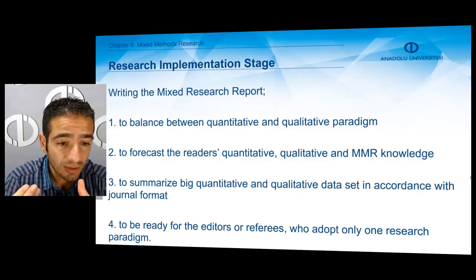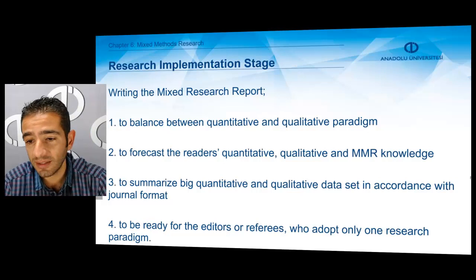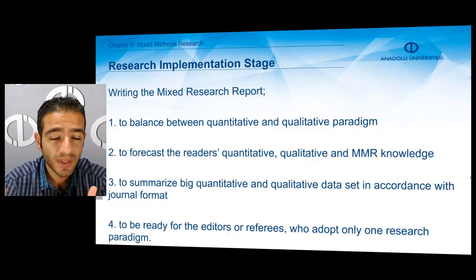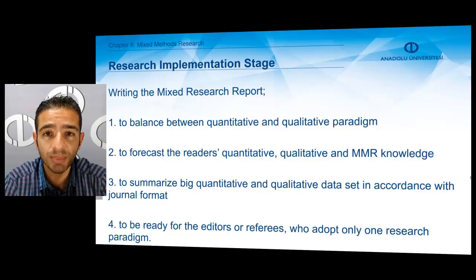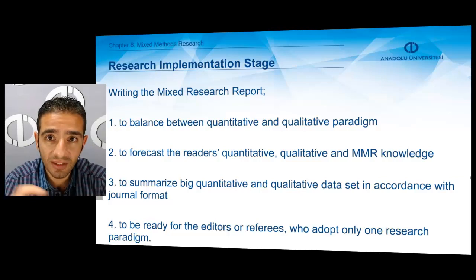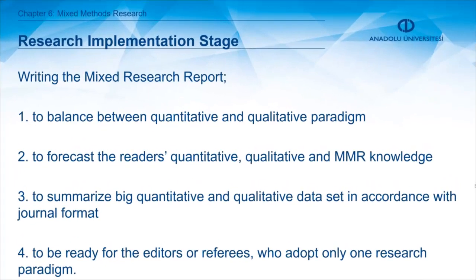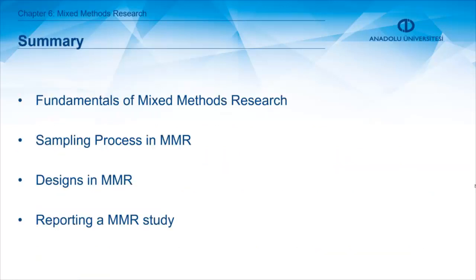You also need to forecast the reader's qualitative and quantitative perspective, and you need to summarize all these big data sets in single format. This is very important, and you should also be ready for the editors or referees who adopt just one type of research.